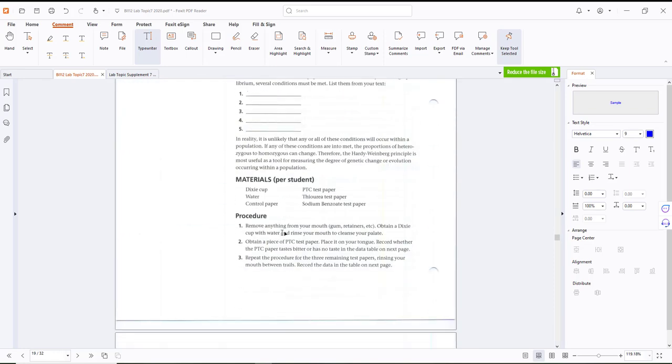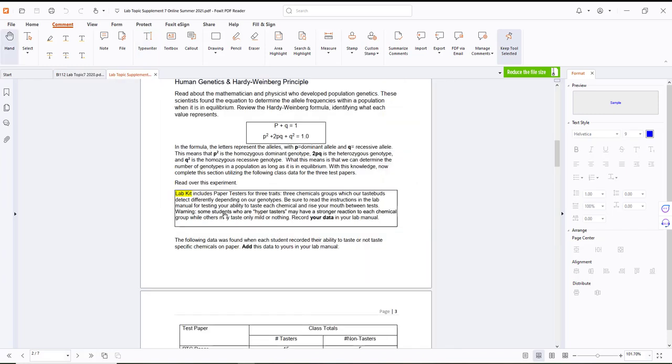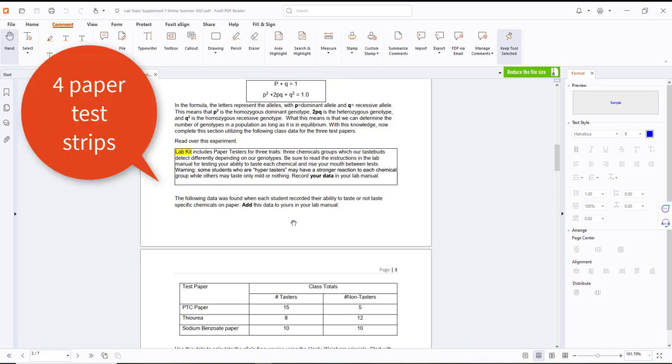All right, so you are going to perform a test at home. Your lab kit actually contains paper testers for 3 traits. You should have 4 pieces of paper, if I recall.